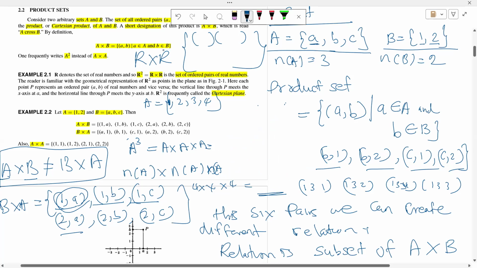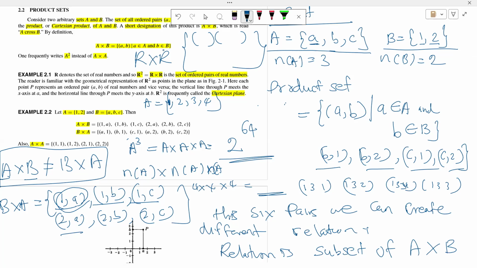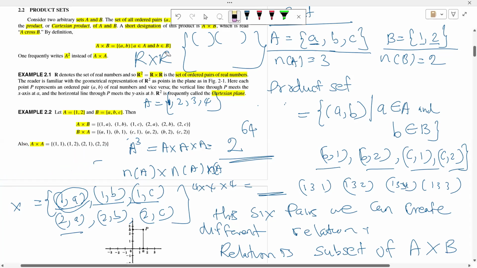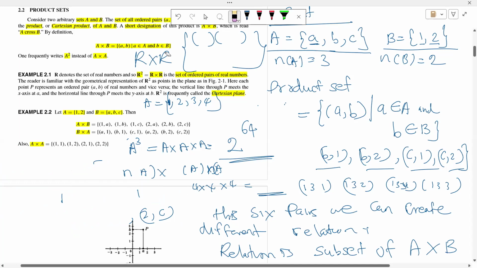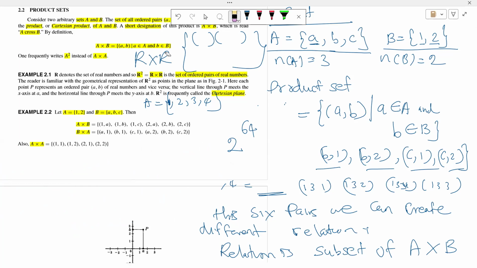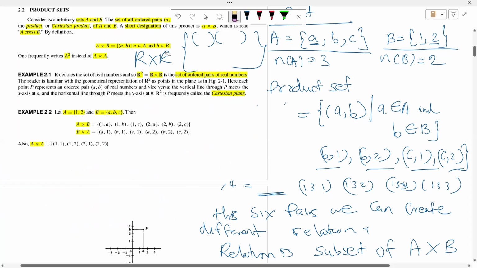Now tell me how many relations you can create. 2 to the power 64 relations you can create, right? So I need to answer this type of question. First, you need to find out how many ordered pairs we can create. Then you can apply the subset theory. Why am I applying subset theory?